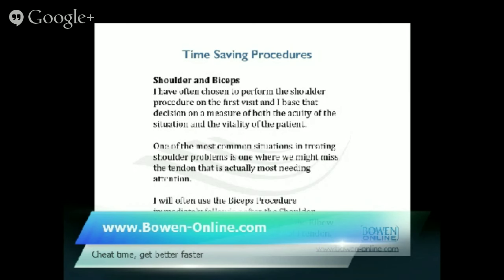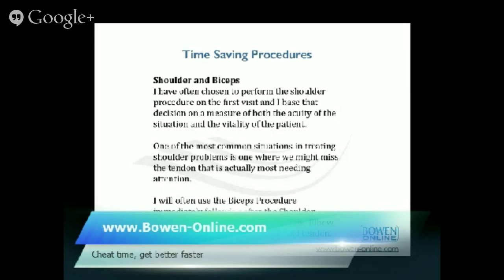Now, in doing shoulder procedure, there may be a tendon that is not addressed with the basic shoulder procedure, and the most common is actually the mid-deltoid, which is where we do move one of the elbow procedure.